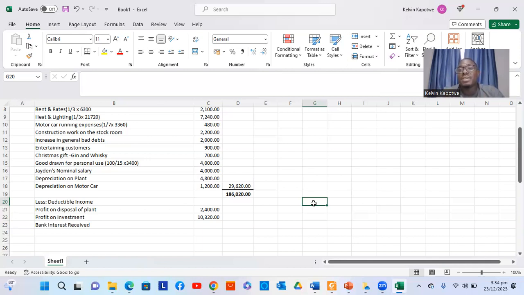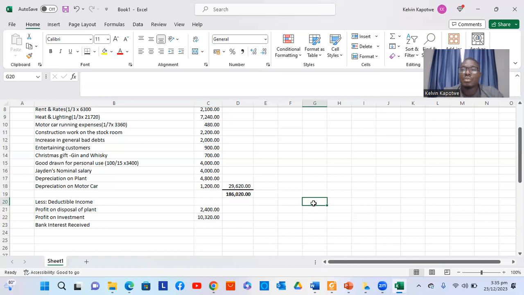But if interest is charged on a term loan that was used to acquire a non-current asset, that is a disallowable expense because it is capital in nature. So the interest that is charged on a capital transaction is not an allowable expense.